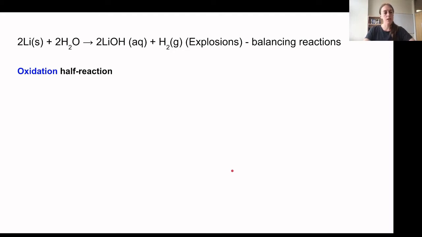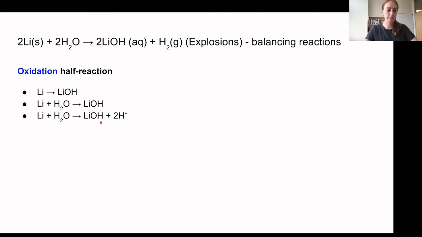So we're going to start with our oxidation half reaction, where we have lithium going to LiOH, because lithium was the thing that was oxidized. First, we have our lithiums balanced, so we go into balancing our oxygens by adding a water molecule here, and now you can see we have 2 hydrogens on this side and 1 hydrogen on that side.